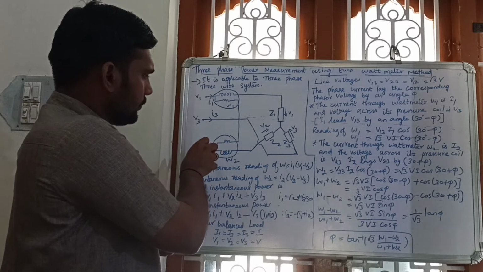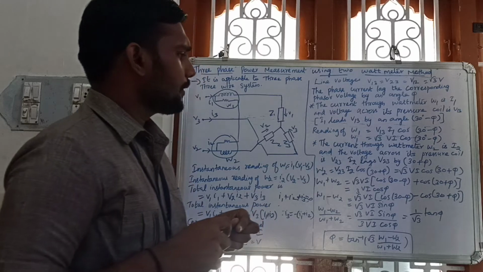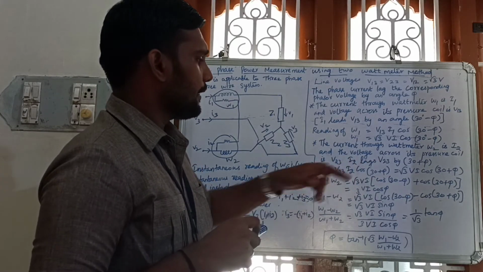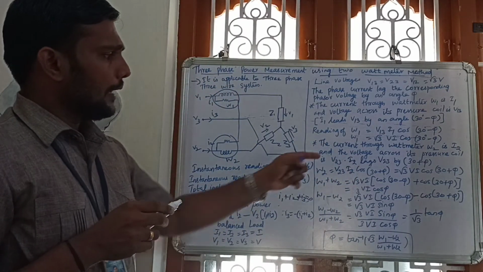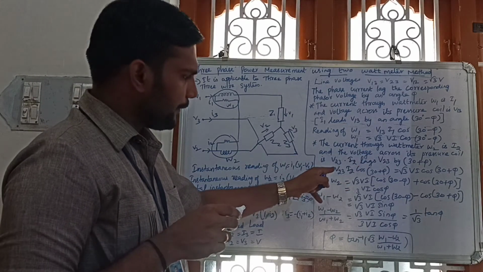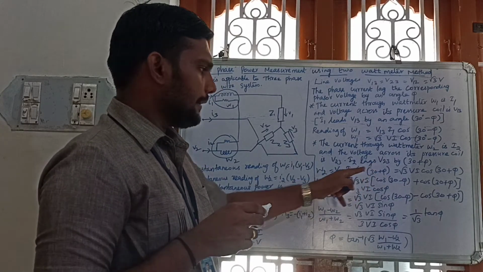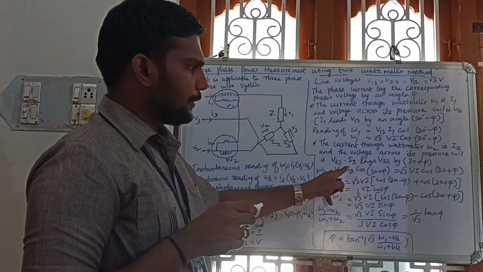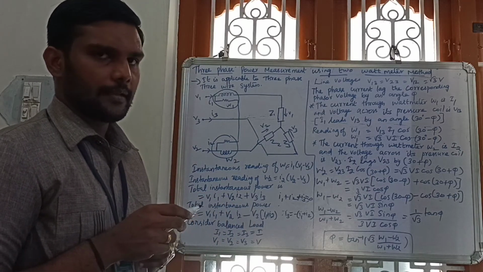Here I2 lags V23 by 30 plus phi, so W2 is equal to V23 into I2 into cos(30 plus phi). Substitute V23 here, that is root 3 V, and I2 is I. So root 3 V I cos(30 plus phi).